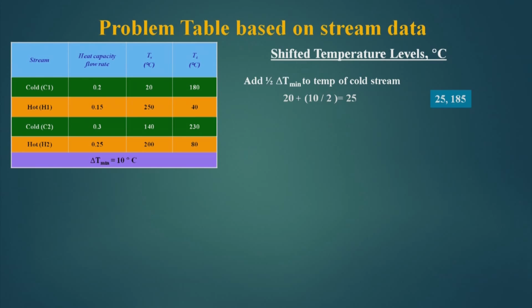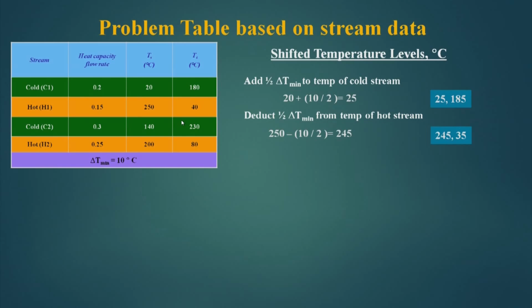Similarly, the target temperature is 180, so when we add 5 degree centigrade to 180, it becomes 185. So, the two actual temperature levels of the cold stream C 1, which were 20 and 180, are now converted into shifted temperature levels, given by 25 and 185.